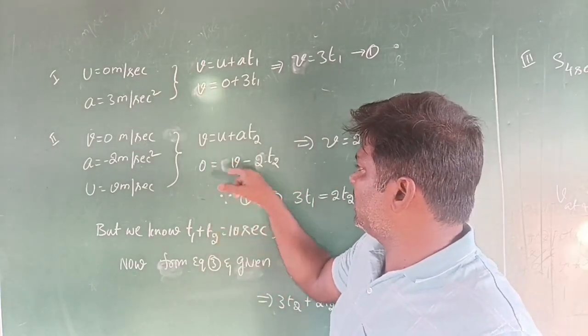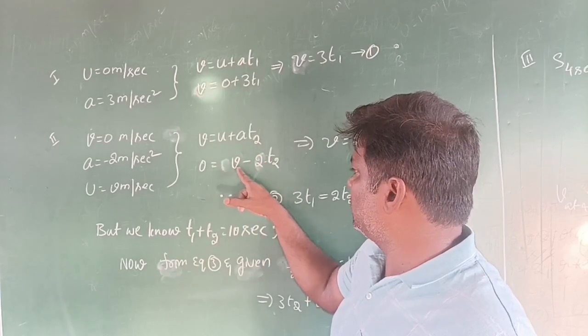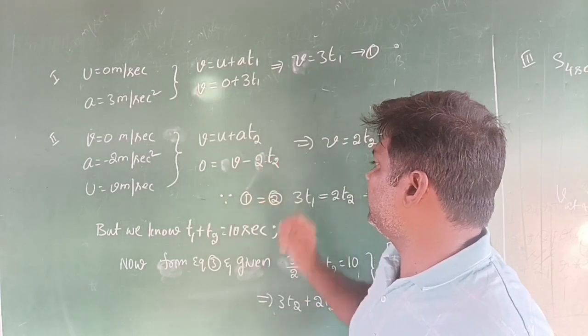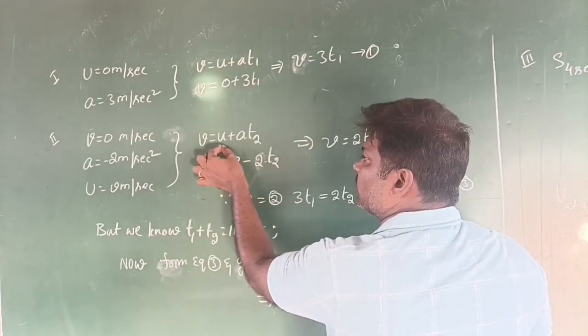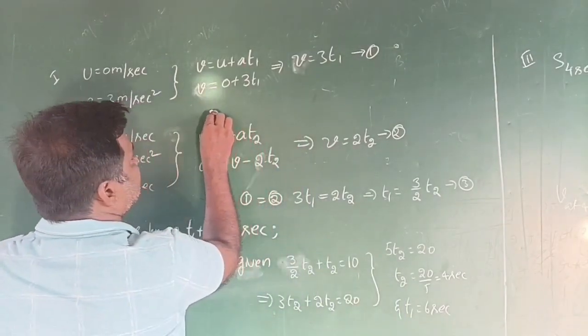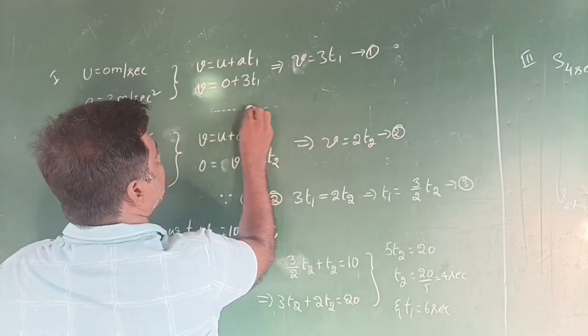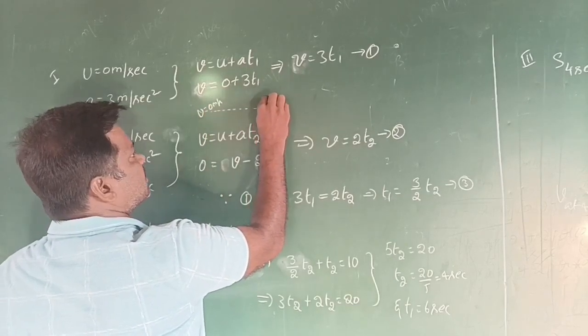So by using the same formula, v is equal to u plus at, here also we will get v minus 2t1. Observe why I am writing v instead of u: when an object accelerates like this, its initial velocity is taken as 0 meter per second and the final velocity is v.